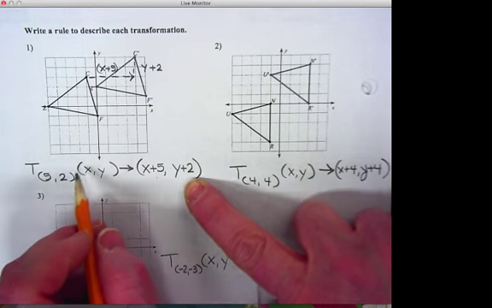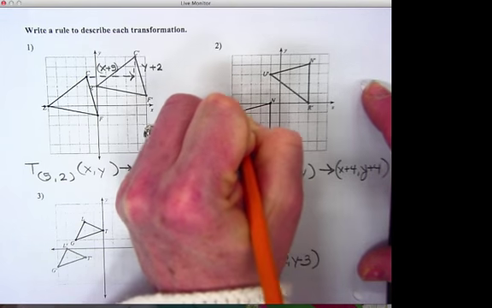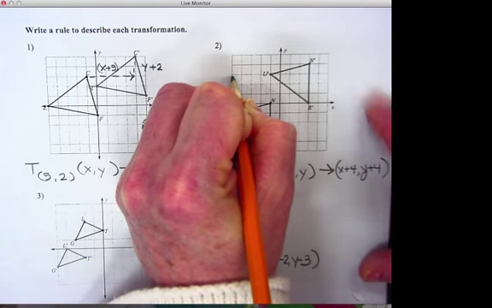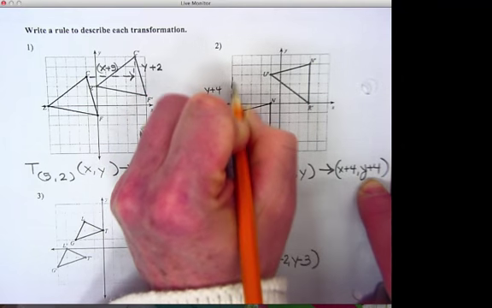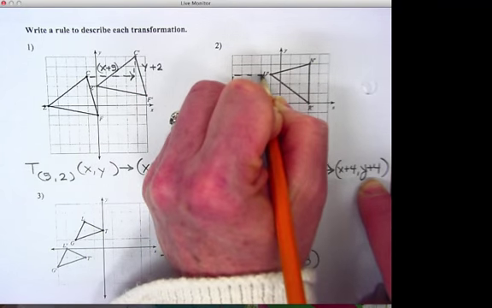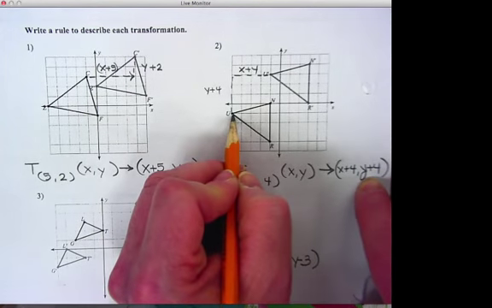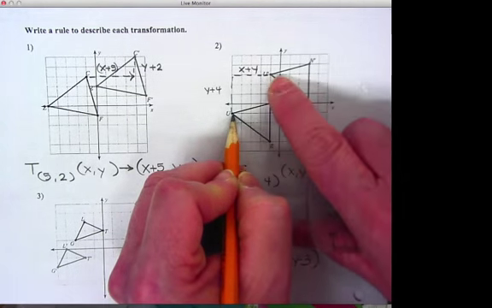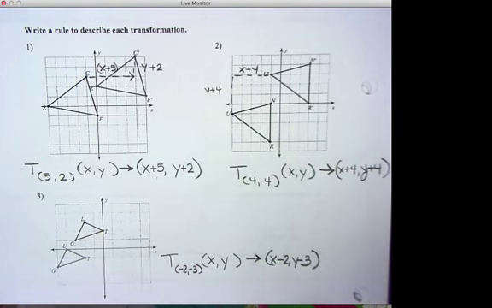So again, over here, you go up 1, 2, 3, 4. So that's your y plus 4 because I went up first. And then I did x plus 4 again. So I have to get from the pre-image to the image, and I think it's very similar to slope. You're thinking about the same things.